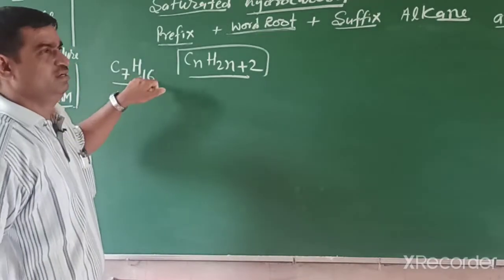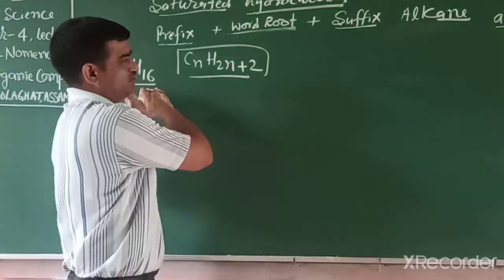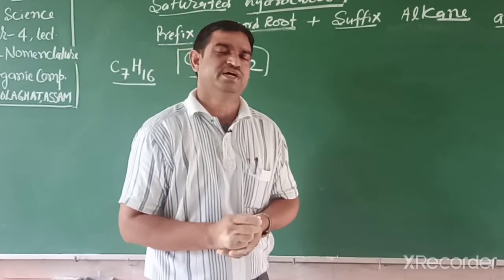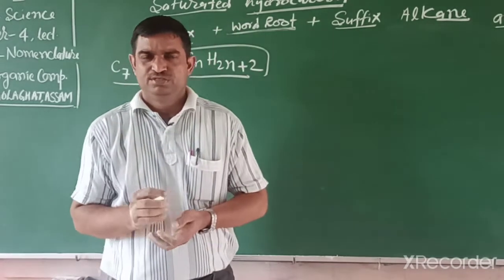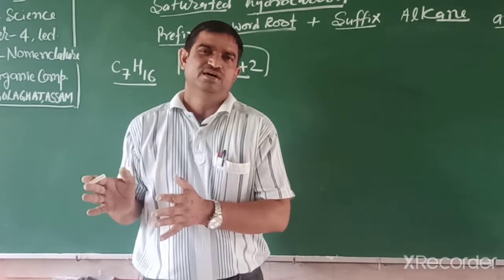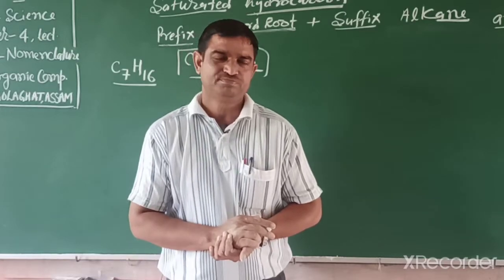Means C7H16, you have to write all possible isomers. You write straight chain, side chain, branch chain, and then write all the compounds' IUPAC names. When you write the IUPAC names, all isomers should have different IUPAC names.